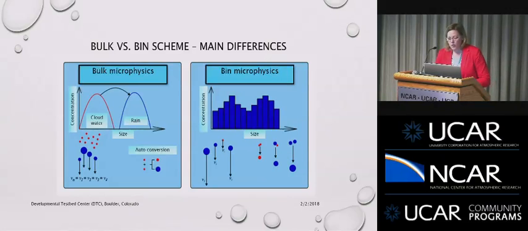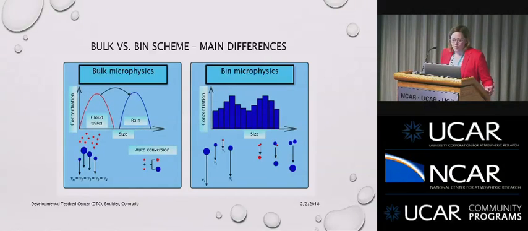Usually in numerical weather prediction models, operative forecasts use bulk microphysics. The main assumption of bulk microphysics is that there is a function to describe the size distribution of the different particles, like cloud water or raindrops.